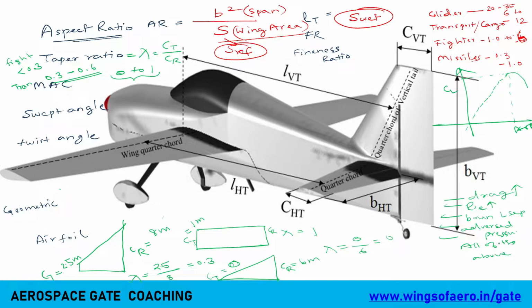So from this question you got the idea of what factors can happen. For a certain airfoil, beyond the stalling angle, if I increase the angle of attack, it will lead to increased drag, so obviously my lift will fall.